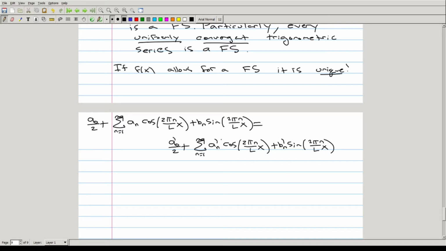And the linear independence of the basis functions implies that these coefficients have to be equal to one another, because the corresponding infinite sums are convergent and converge to the same thing.